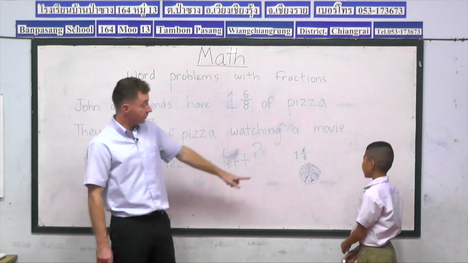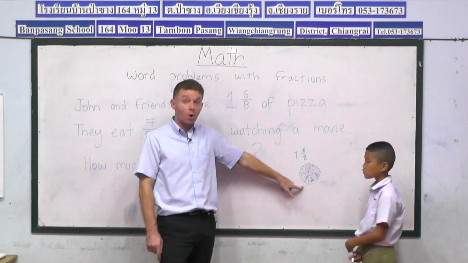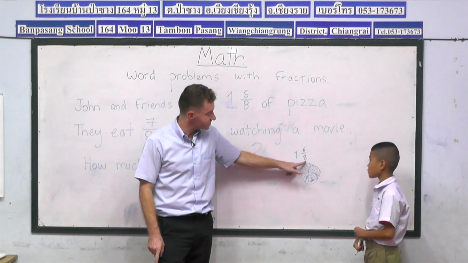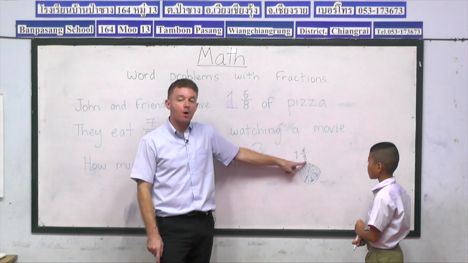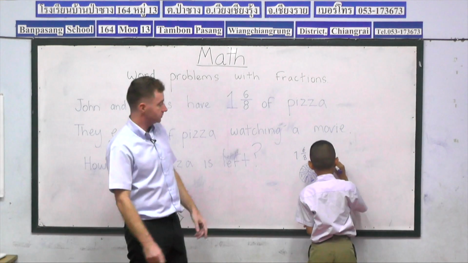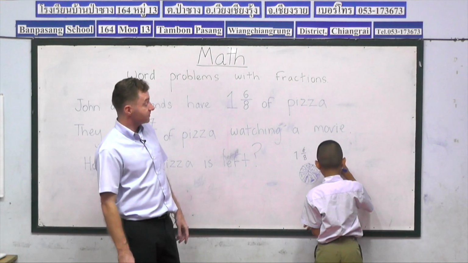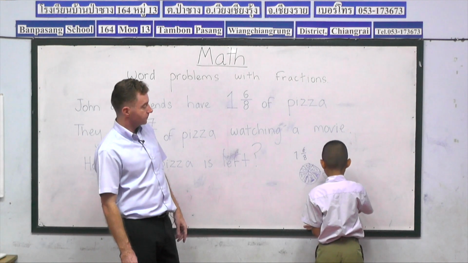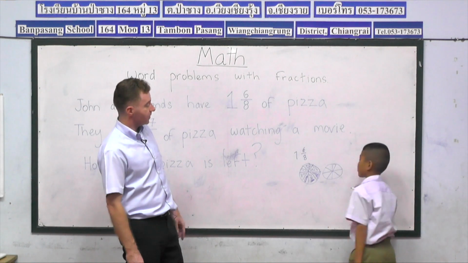Excellent, Pangpon. You see, our first pizza is whole, not a fraction, it's complete. But then our second pizza, how many parts? 8 again. So in the second circle, divided into 8. Perfect, well done, Pangpon.